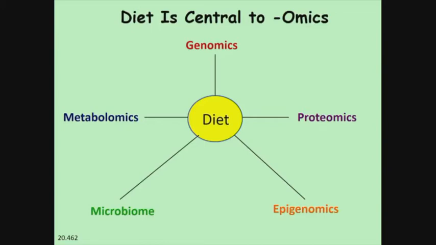I did want to make the point that I know the meeting is mostly about omics, but we really can't maximize our knowledge from the omics without information about diet and some other lifestyle factors as well, but particularly diet. And it relates very much to all of these omic technologies.